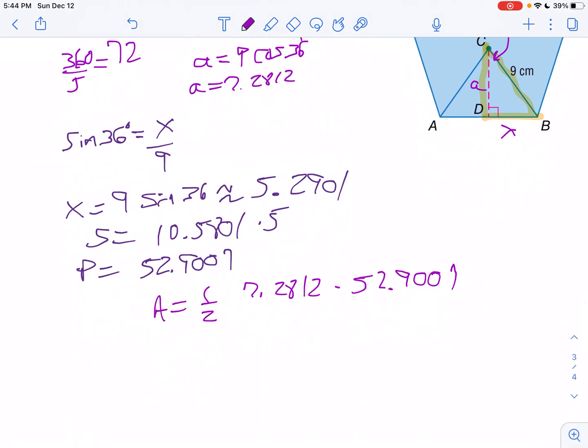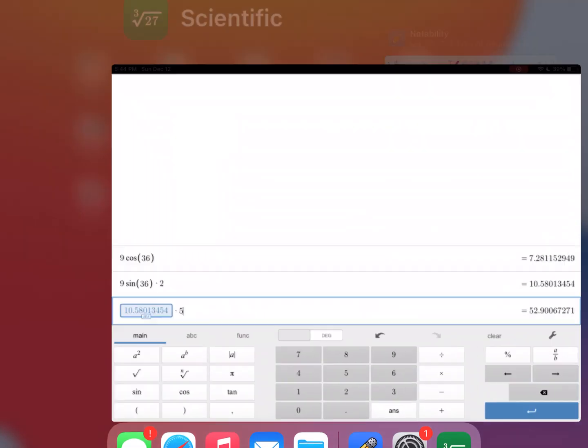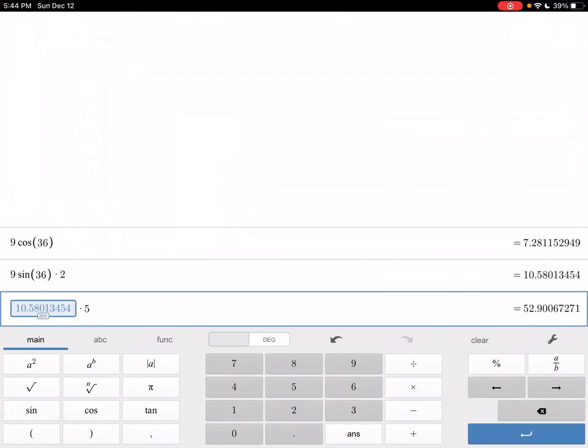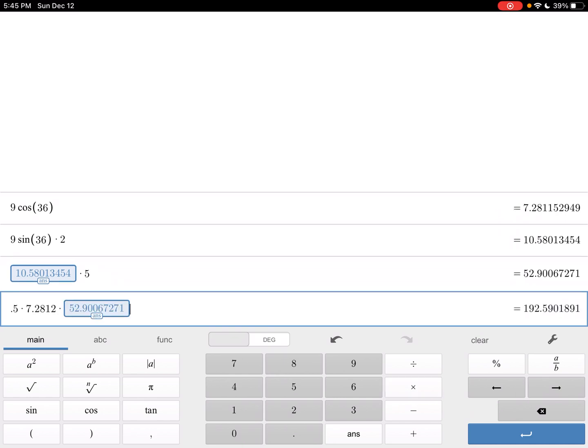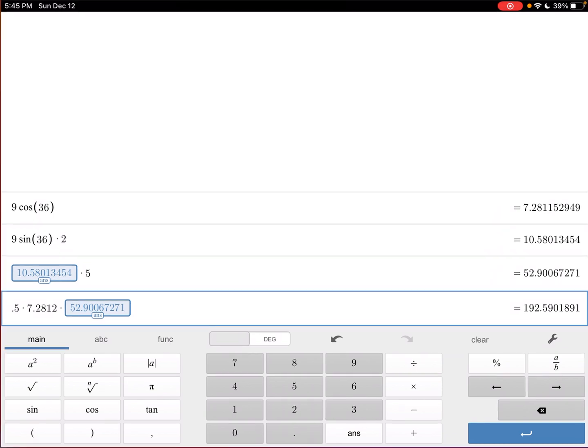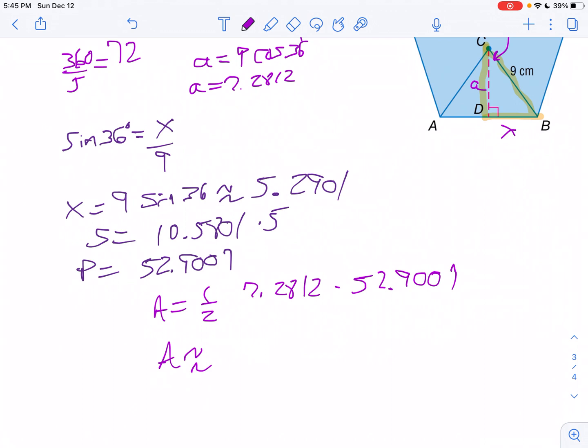So my area is about, if I take 0.5 times 7.2812 times 52.90, which on my calculator is my answer, I'll round that to the nearest whole number and say that's about 193 square centimeters.